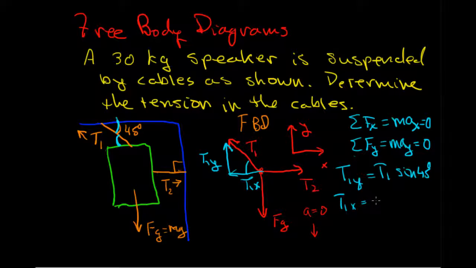Similarly, T1X is equal to T1 cosine 45 degrees. That gives me T1X and T1Y in terms of T1 and the angle I know. On the next page, I'm going to redraw this picture with just the components, and we'll get a free body diagram that we can use to plug directly into the Newton's law equations.